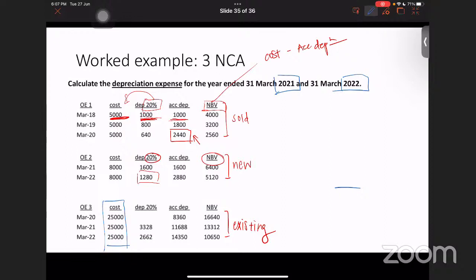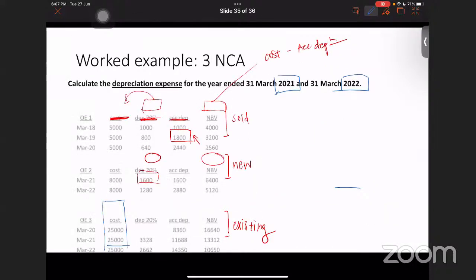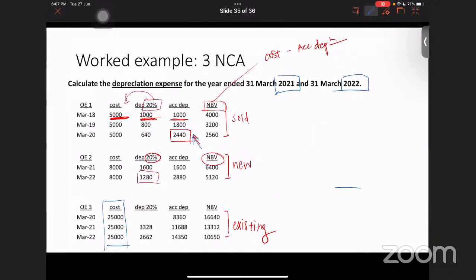Again, as you practice more, as you do more often, you will get the hang of it. Okay, so I will also copy from the question here, because already given my accumulated depreciation here. So again, I know that inside this figure is inclusive of the equipment that I sold also. So the total accumulated depreciation I have is 10,008. Then just now remember I say I'm interested in this figure, this 2,440.